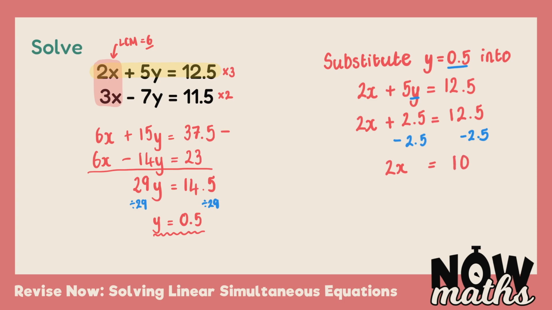We now divide by 2, which gives us x on the left, and 10 divided by 2 is 5 on the right. So our final solution is that x equals 5 and y equals 0.5.